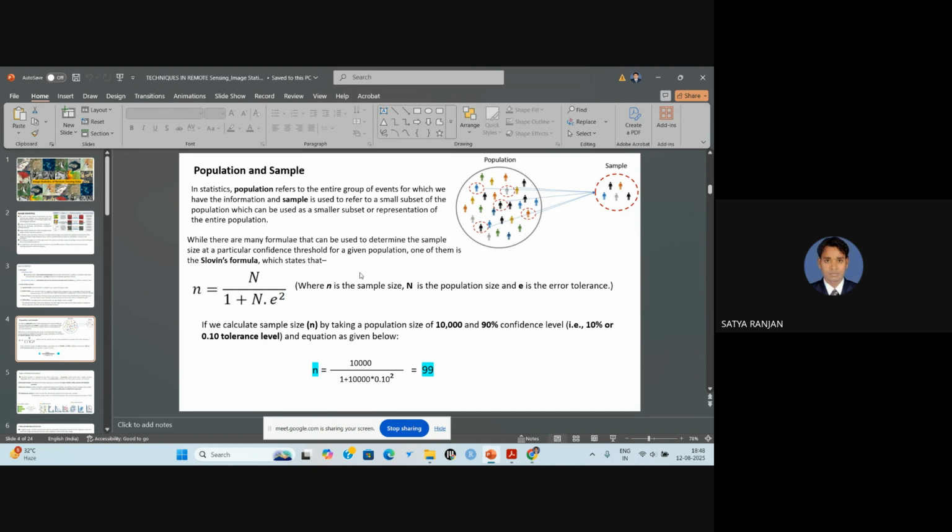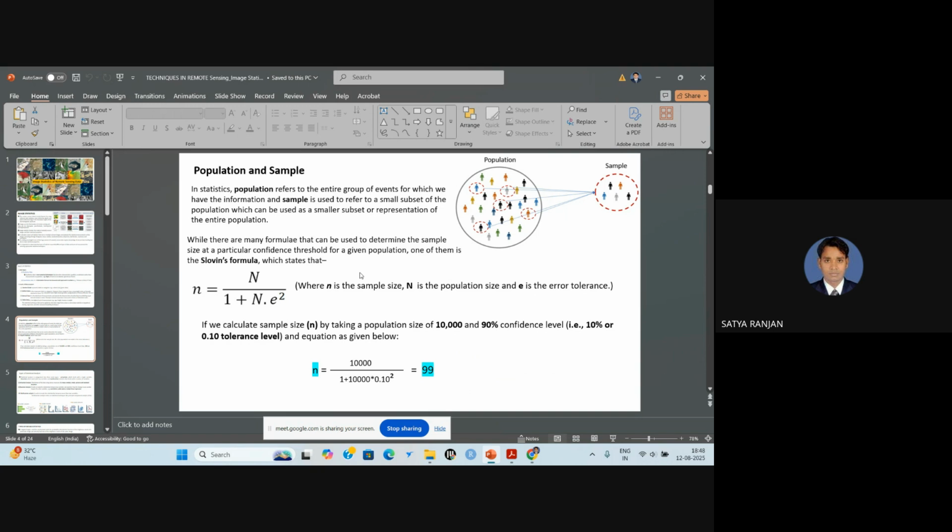If you calculate sample size n by taking a population size of 10,000, for example, with a 90% confidence level and 10% tolerance level, that is equivalent to 0.10. So n is equal to 10,000 by 1 plus 10,000 into 0.1 square.